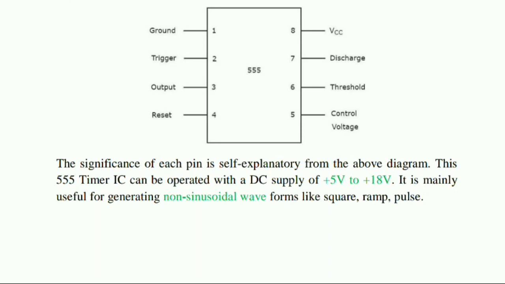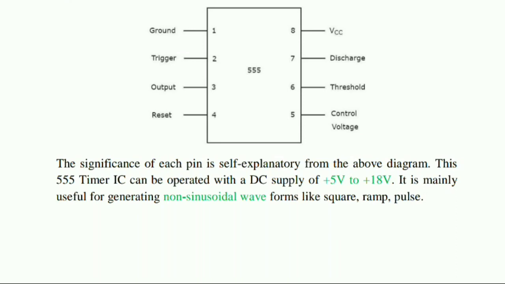Here we have to provide a DC supply voltage to VCC. For this 555 IC the supply is from 5 volts to 18 volts, so it can tolerate that voltage; don't give more than 18 volts.